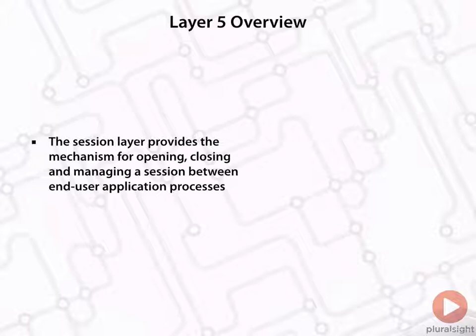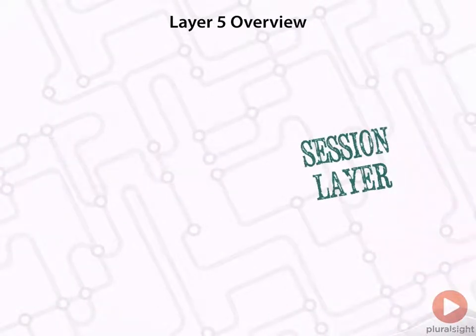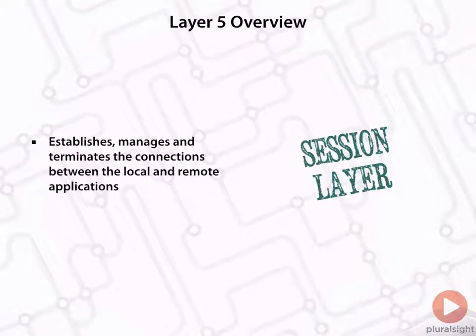So that process that's running decides it needs to send some data. So the protocol stack needs to interact with that process to be able to transfer the data between the application and the network. And that is what the session layer is responsible for. So it establishes, manages, and terminates these connections between an application on the local end and an application on the remote end.